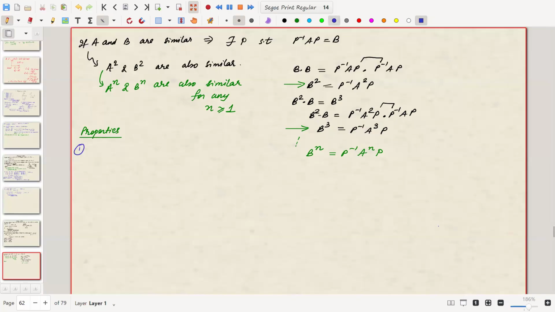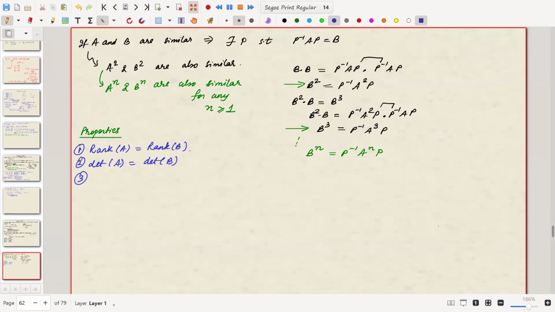Now, some properties we have of similar matrices. The first one is the rank of the two matrices. If A and B are similar, then the rank of A equals the rank of B. Second, I told you the determinant of A is equal to the determinant of B. Third, the eigenvalues of two similar matrices are the same.